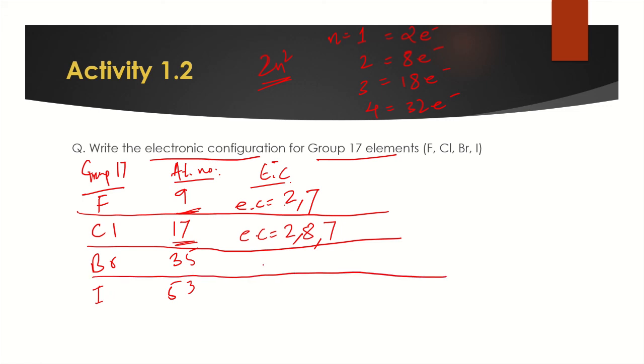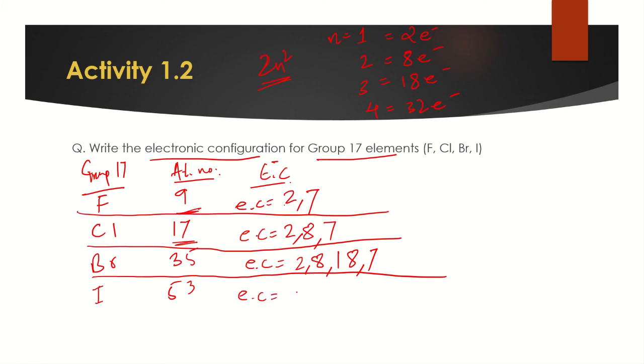Likewise, let us write the electronic configuration for bromine. The first shell will hold 2, the second shell will hold 8, and then the third shell will hold 18. So 18 plus 2 is 20, plus 8 is 28, and we have 35, so 28 plus 7 gives us 35.